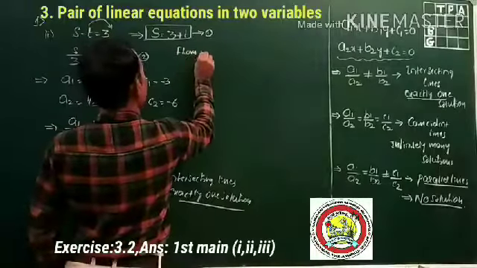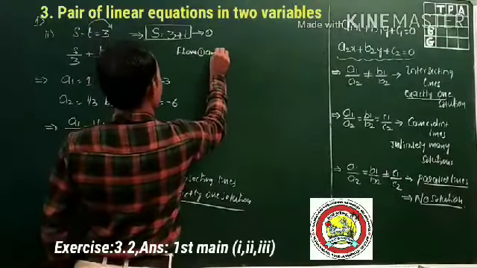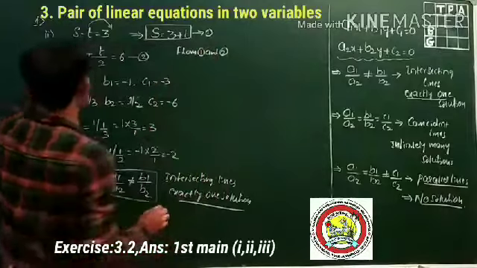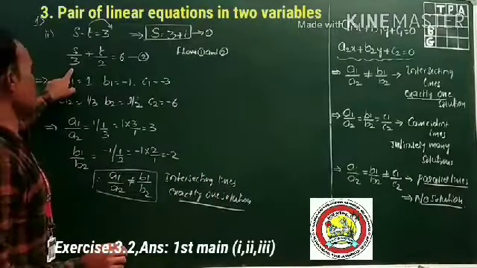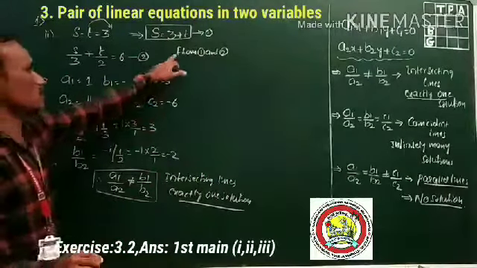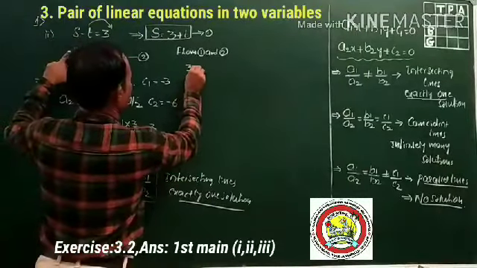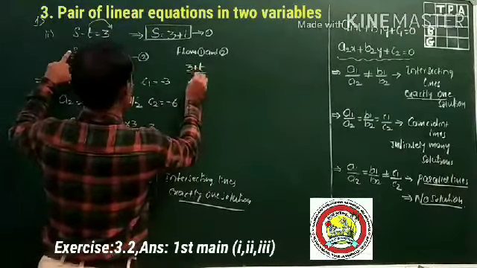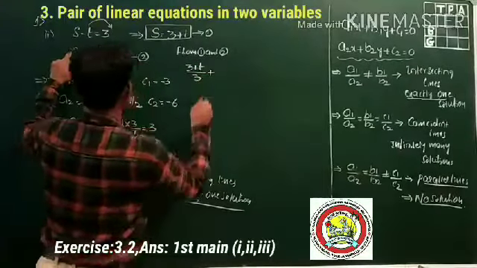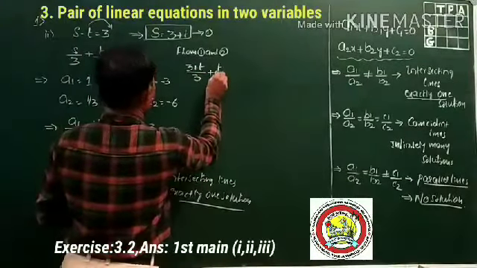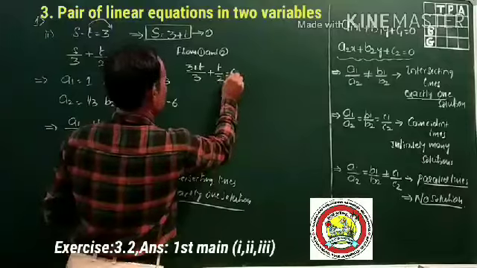From 1 and 2, replace the S value in the second equation, that is 3 plus T. So from 1 and 2, replace S value, that is (3 plus T) divided by 3 plus T divided by 2 is equal to 6.